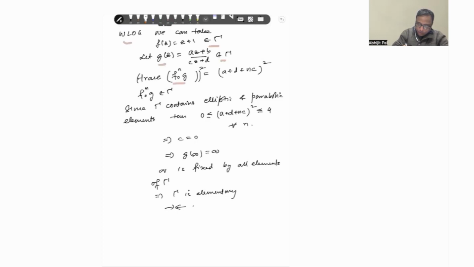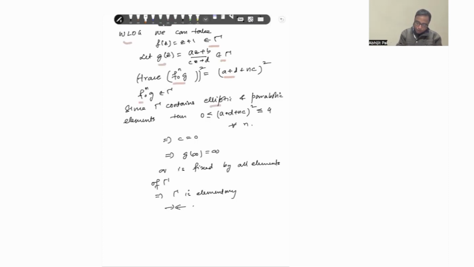That will turn out to be the square of a plus d plus nc. So this gamma does not contain any hyperbolic element, and f to the power n composed with g belongs to gamma. So gamma contains only elliptic and parabolic elements.